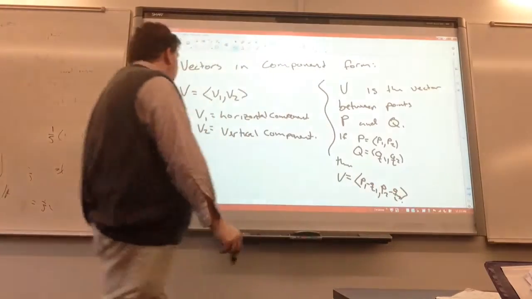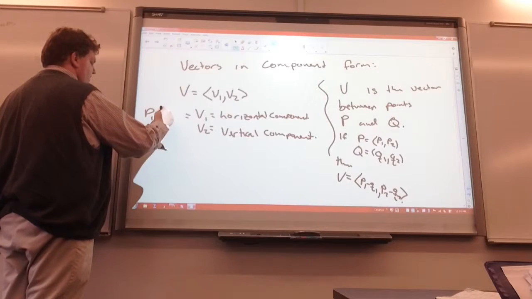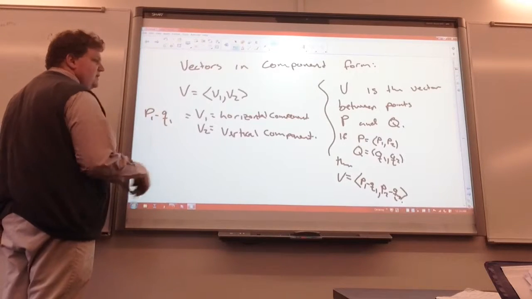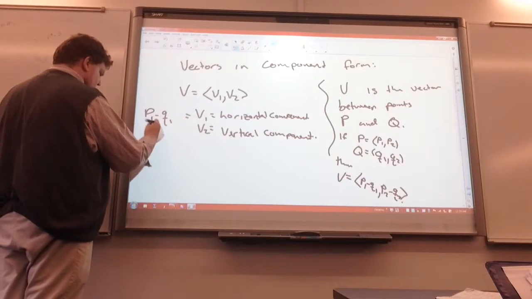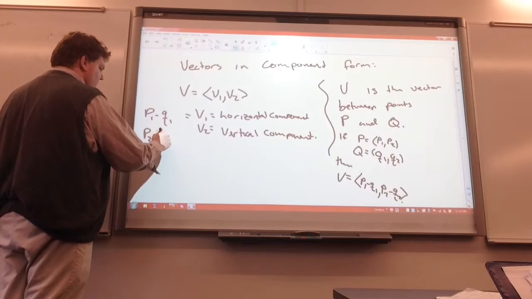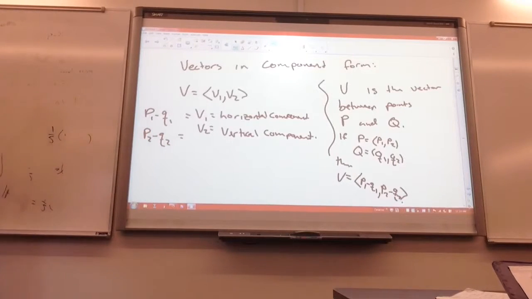So I can write up here that V1 is the difference between the x's in the first point, and V2 is the difference in the y's between the 2 points. And so that's how you make a vector in component form.